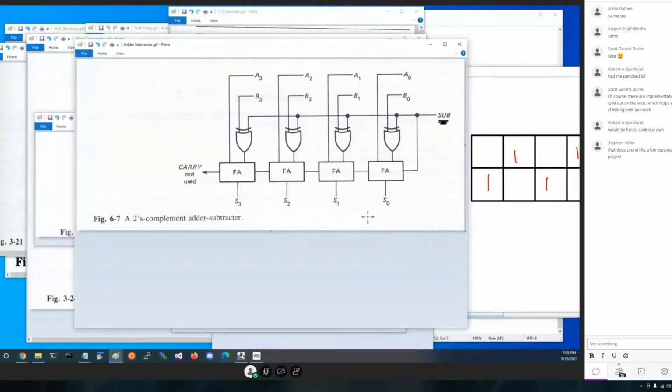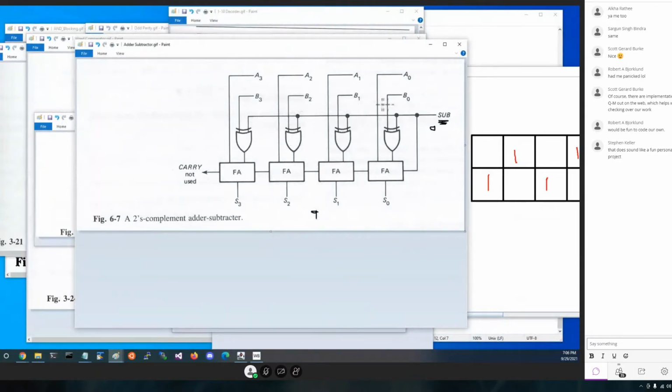So if this had contained the number 5 across here in A, and B contained the number 4, if subtract is a 0, we would add up 5 and 4, and the sum down here would be a 9.